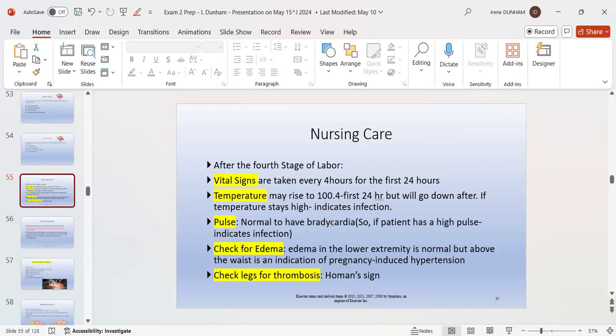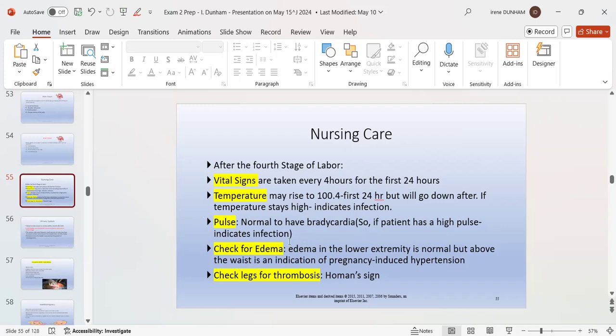So you want to look at her lochia to see if she's having a lot of lochia, because when they're bleeding out, the first sign of a patient going into hypovolemic shock would be tachycardia. So that's why it's so important to really know what your patient's pulse is after delivery, so that you can tell what's going on with her.